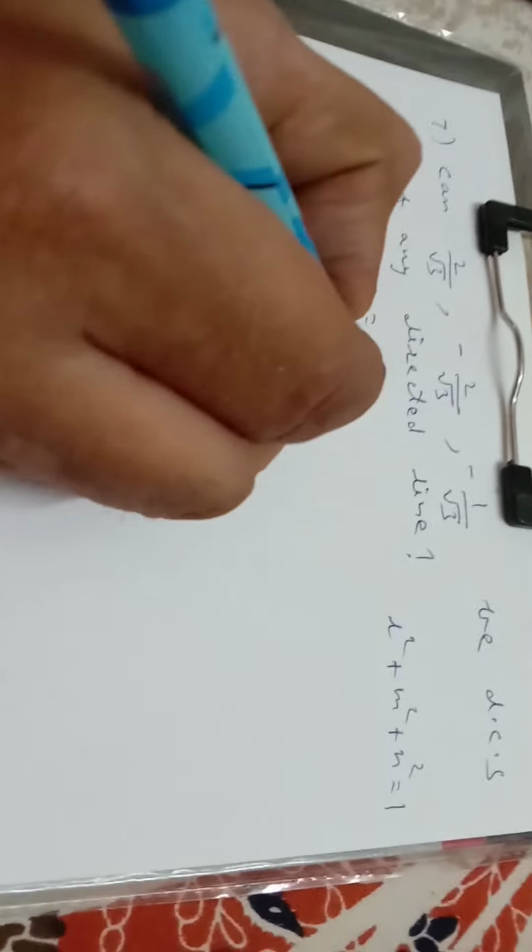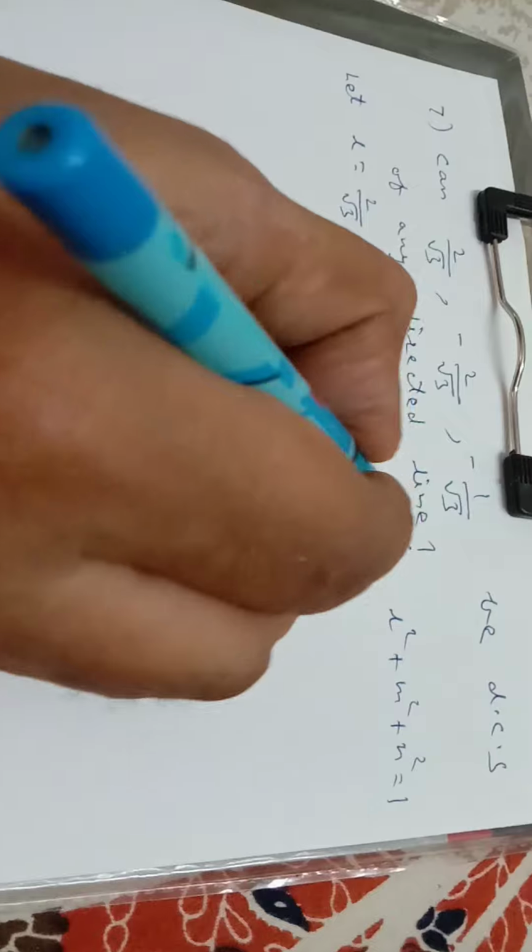So here, given direction cosines, we shall denote by notations L, M and N. Find sum of squares of direction cosines of a line. Put the corresponding values.